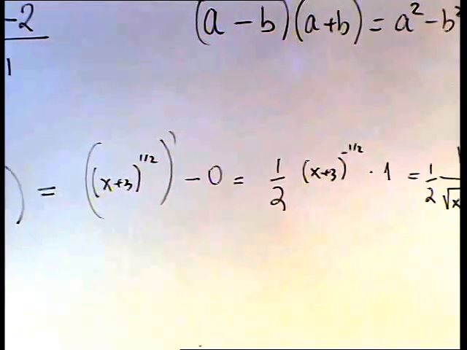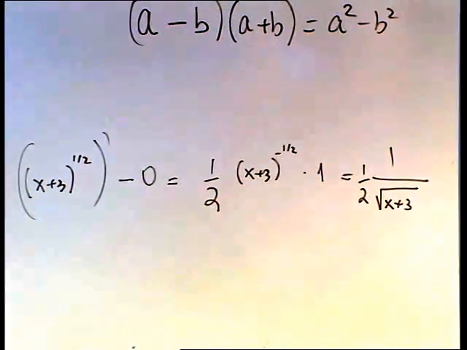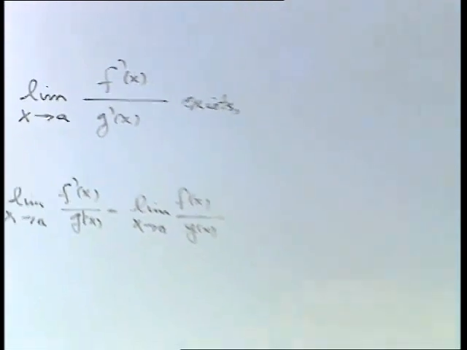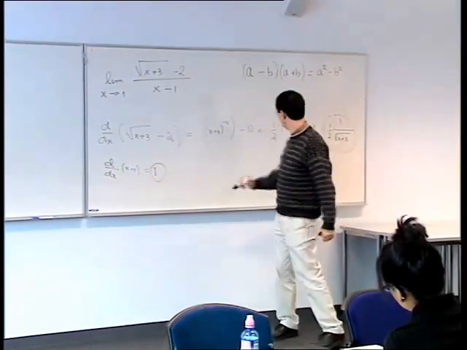Let's go back to the statement here. What is L'Hopital's rule saying? It's saying now you do the fraction, the quotient between these two derivatives. I'm going to do the quotient of this divided by that. It became easier, didn't it?